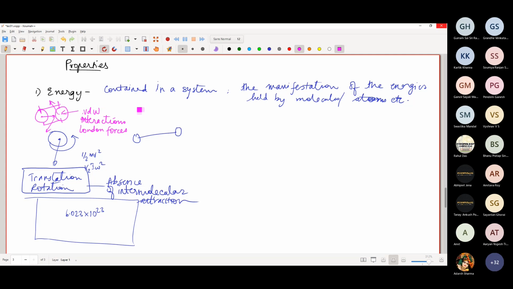So if this interaction is also there, then there is a deviation from ideality, and there are more energies which contribute apart from translation and rotation. Okay, so you have the contributions from intermolecular forces. Then you have molecular kinetic energy.